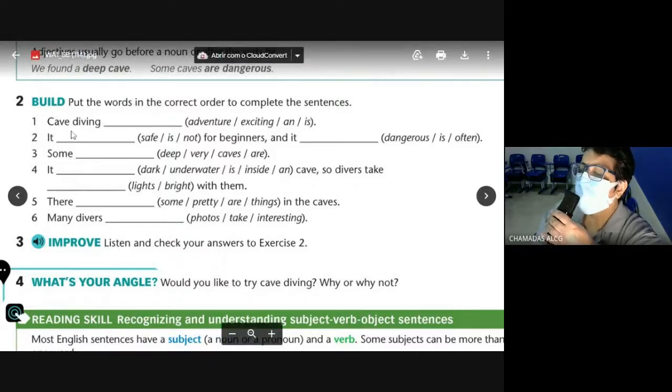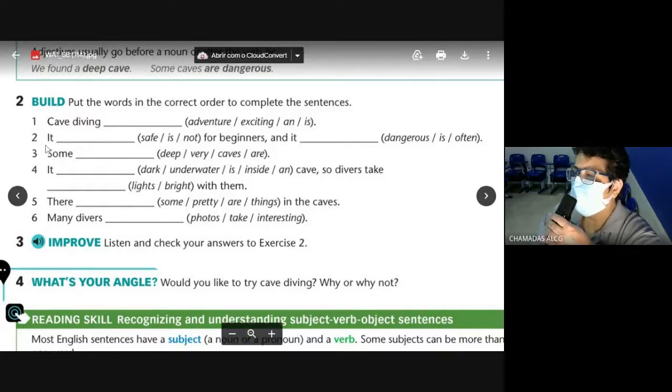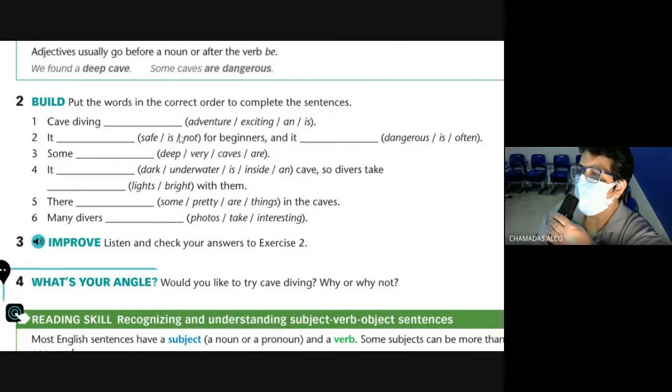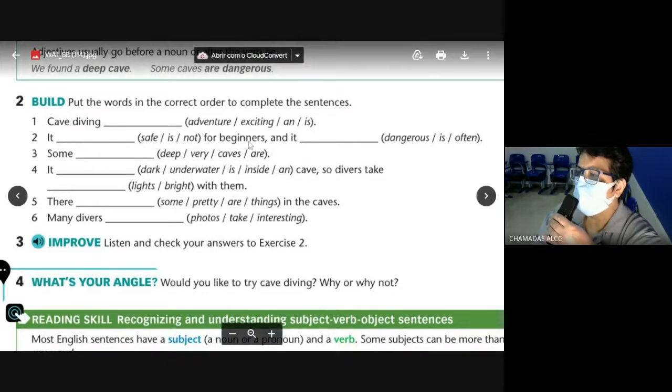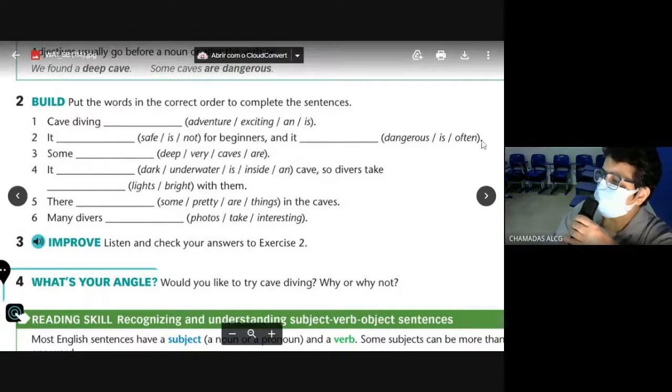Okay, guys. So the first one, cave diving is an exciting adventure. Number two, it's negative. It is not safe for beginners. And it is often dangerous.